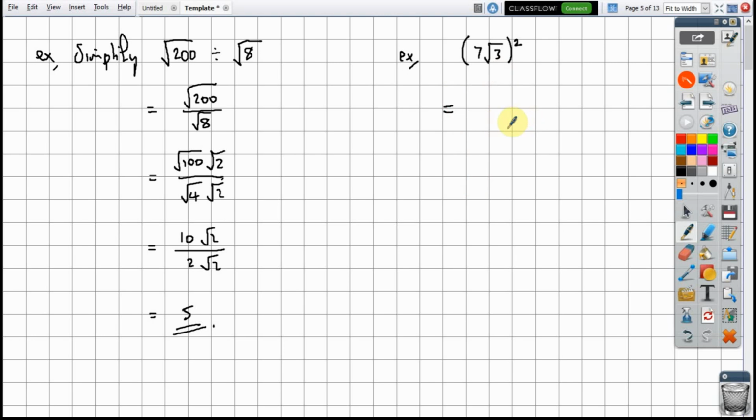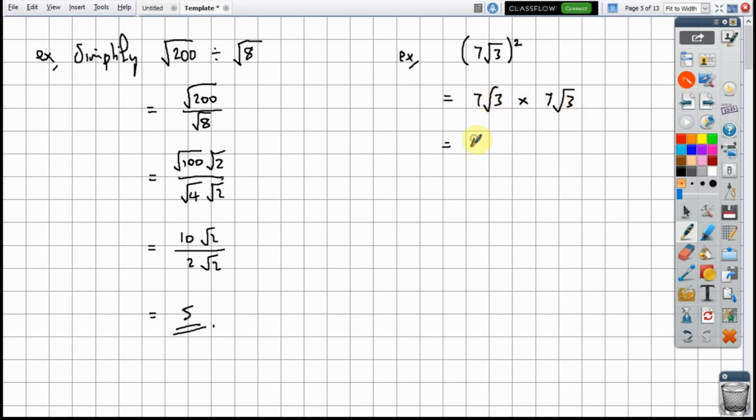Okay, 7 root 3 all squared. When you square something, you're multiplying it by itself. Now remember what this means. 7 times root 3 times 7 times root 3. It's just one long string of multiplications.